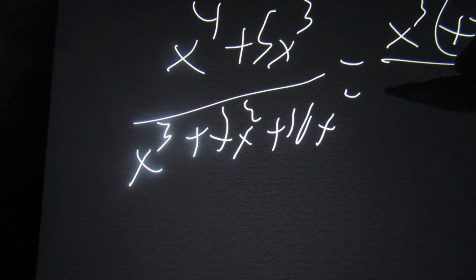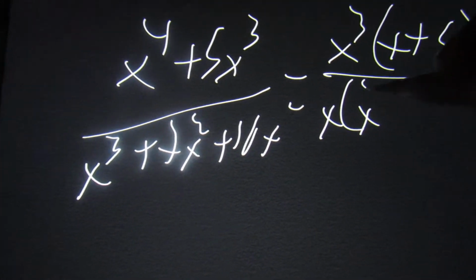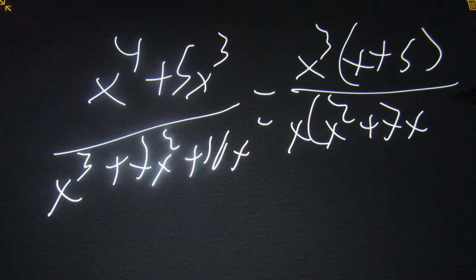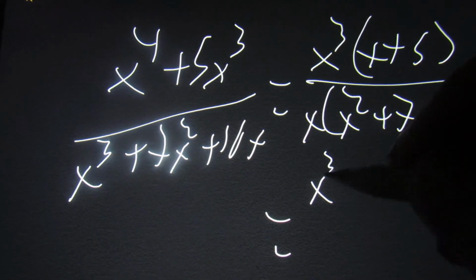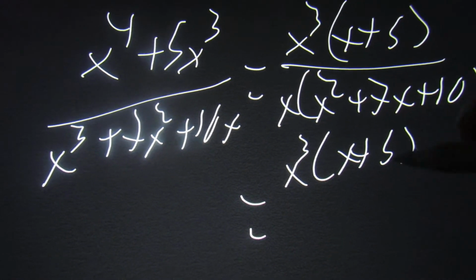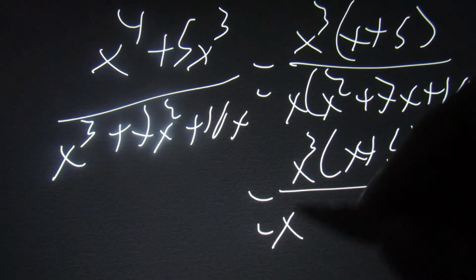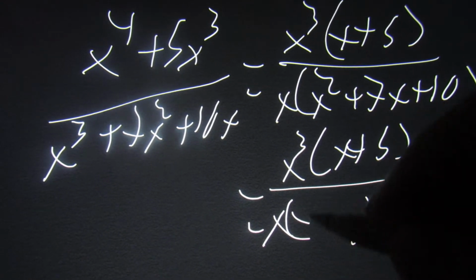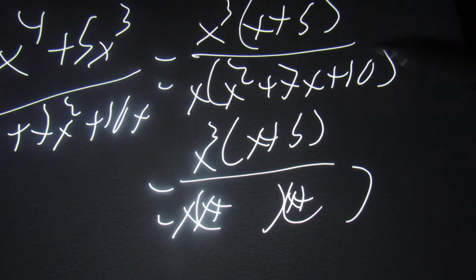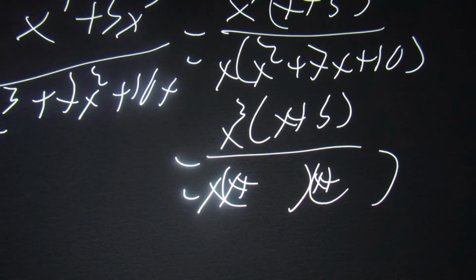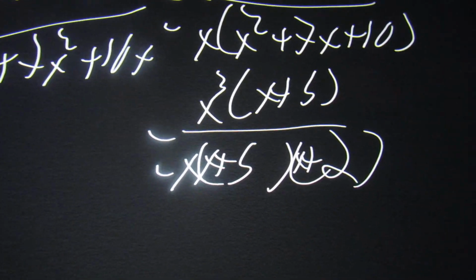On the bottom, I can factor out an x, and I'm left with x squared plus 7x plus 10. On the top, I keep the x to the 3 and x plus 5. On bottom, I keep the x, and I'm going to have an x plus and an x plus. And I need two factors of 10 that add up to 7, and those are 5 and 2.